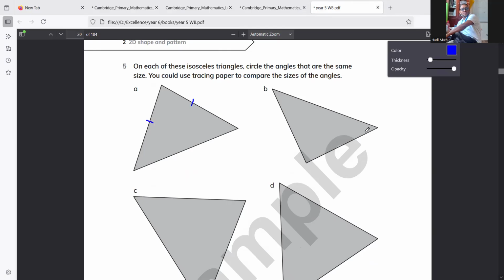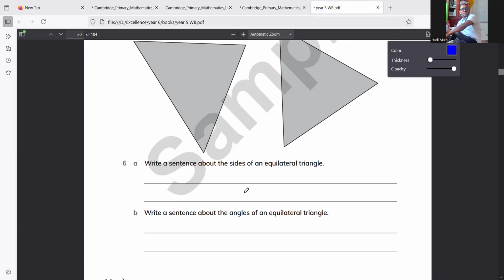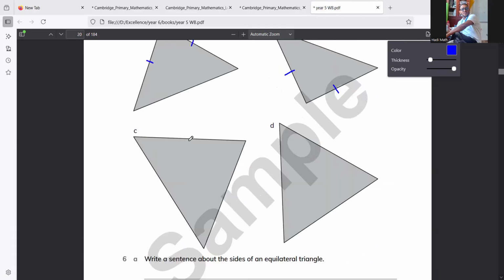Let's go to this one. We'll find this side here is equal to this side. Then go to this triangle. You'll find this side equal to this side. Go to this triangle, you'll find this side here equal to this side.